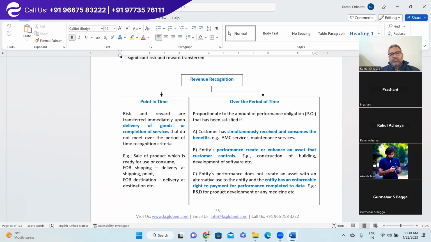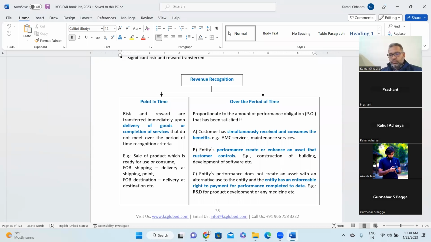That is a CIF value, it is counted only when it reaches the destination port where the goods were intended to be delivered. Anyone else would like to add? Yeah, FOB shipping means the ownership of the goods is transferred at the shipping point, and FOB destination means ownership of the goods is transferred to the customer at the destination point.